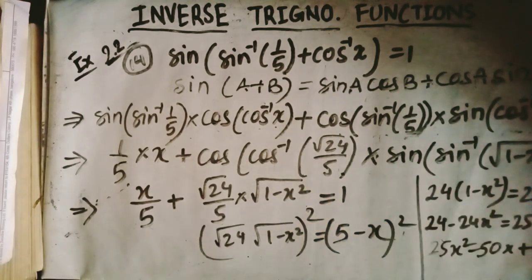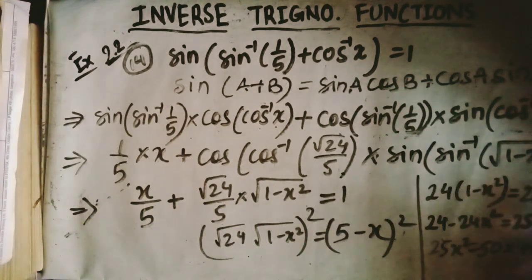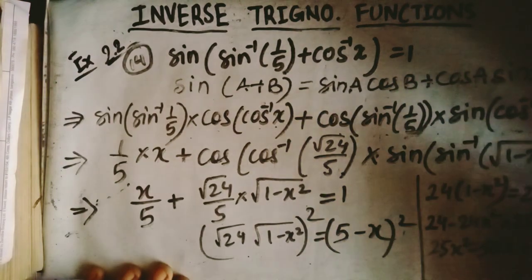This is the quadratic equation, and you can make use of the quadratic formula. Okay, five twos are 10. Okay, this is 10, sorry.